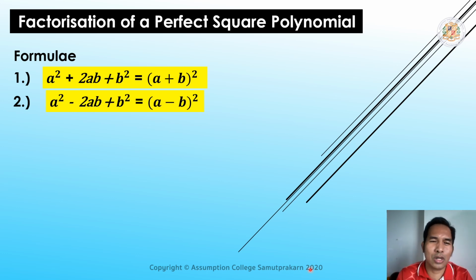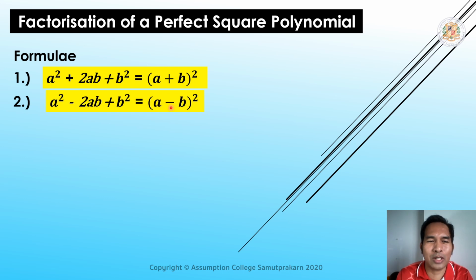So, again, what is the difference? This one is plus, plus, so everything here is positive. The second formula is the other one, which is negative: a squared minus 2ab plus b squared equals the quantity a minus b squared. If this is plus, the first here is plus.